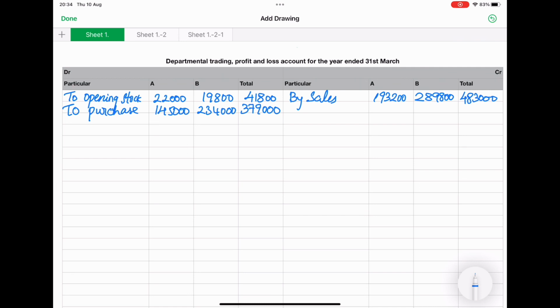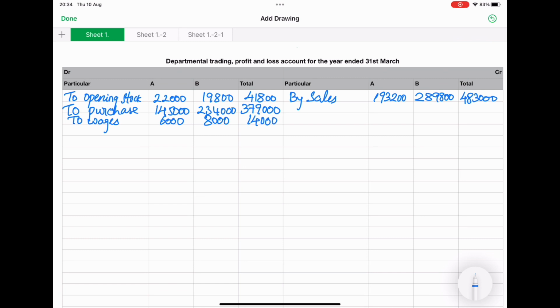Next, wages. To wages they have given direct amounts, 6,000 and 8,000. If we add both, we get 14,000.